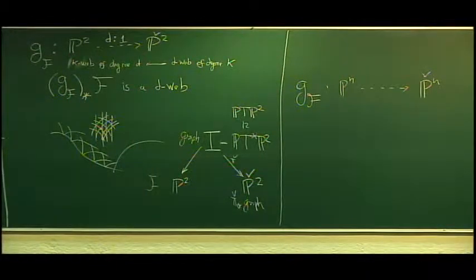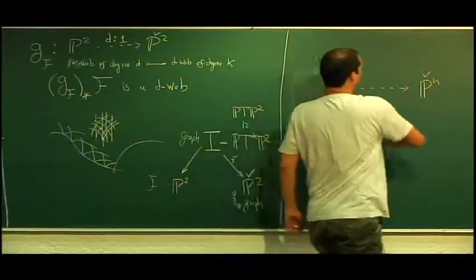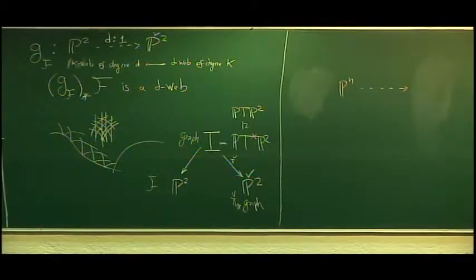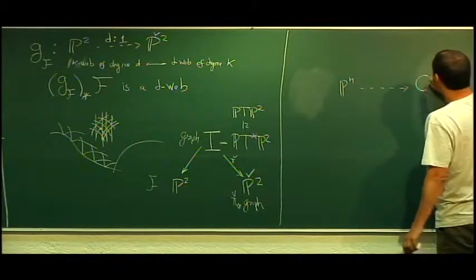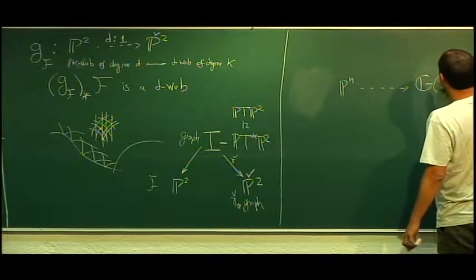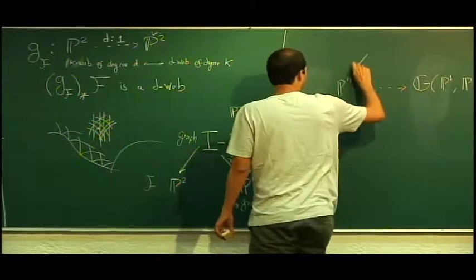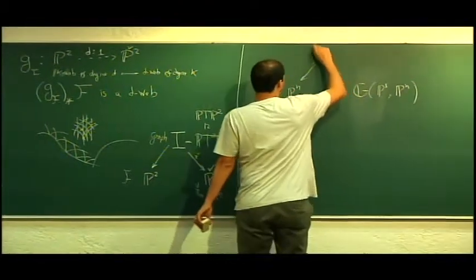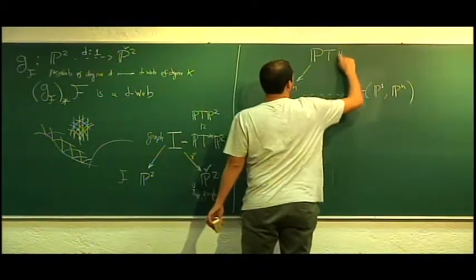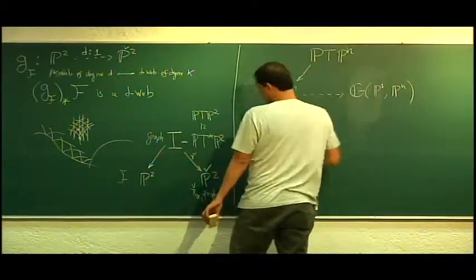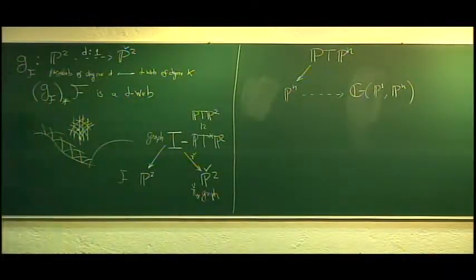Instead of putting the dual projective plane, it's natural to put also the Grassmannian of lines on Pn. Go to the incidence variety, which is now nothing more than the projectivization of the tangent bundle of Pn, since a line is determined by a point and a direction.